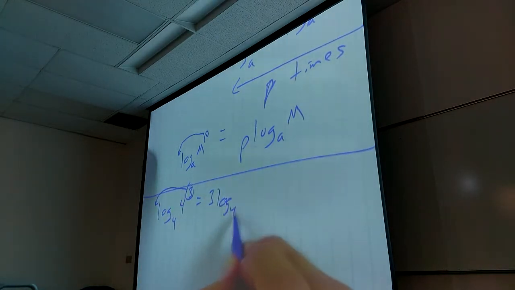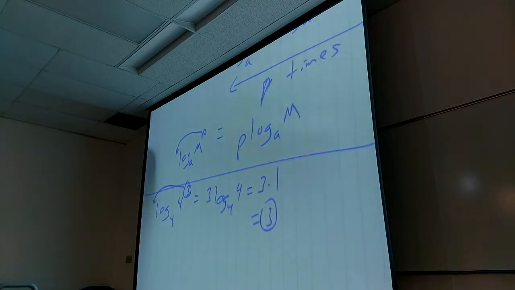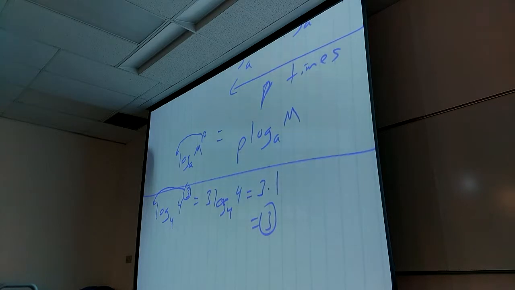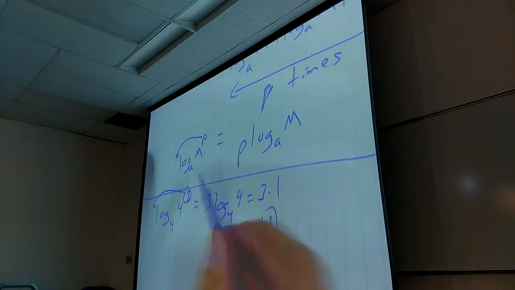What is log base 4 of 4? 1, so 3. This actually comes out to be the most important property of logarithms. We'll see that when we get to solving equations. This is the property that allows me to solve weird little equations with exponentials in them.